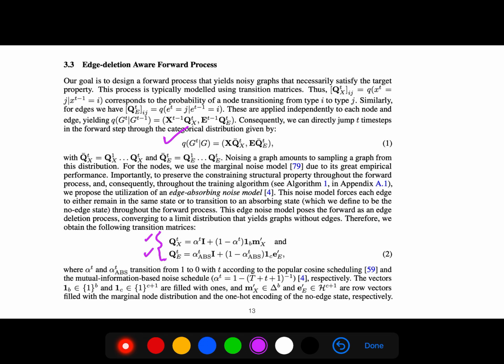This noise model forces each edge to either remain in the same state or transition toward an absorbing state, which we define to be a no-edge state. Sometimes your absorbing state is a mask, but in this paper your absorbing state is clearly a no edge. For example, between these two nodes there is no edge, so we call it no edge. And when it goes to that state, it remains there forever. So when you delete an edge, it remains deleted forever. You don't create it again and then delete again. You don't do this.